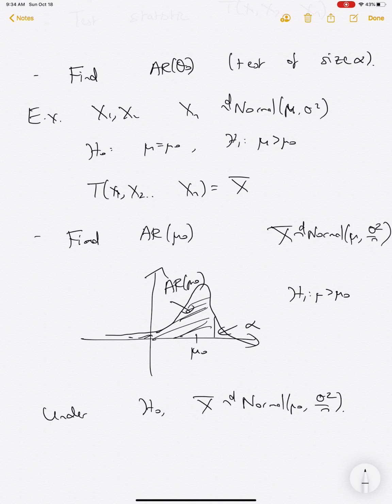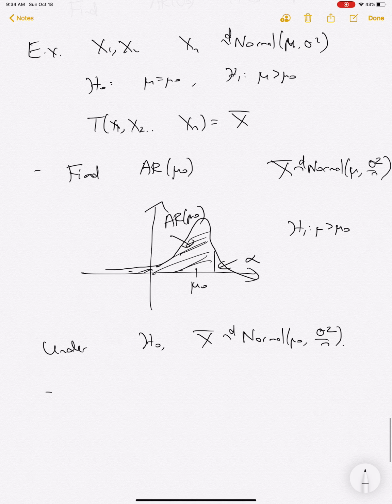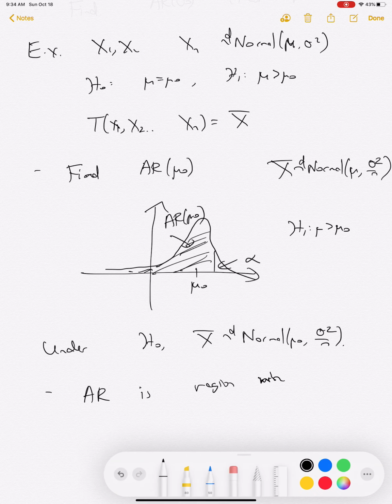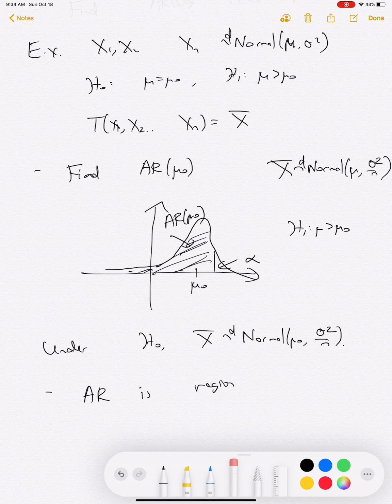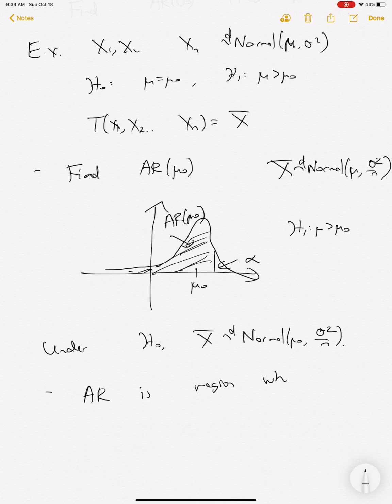The acceptance region is the region where you accept the null H0.